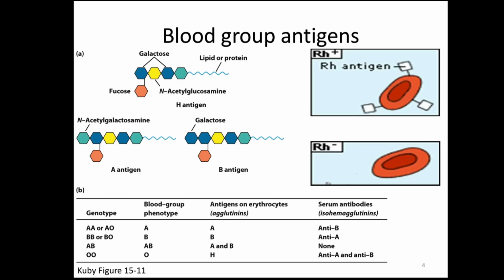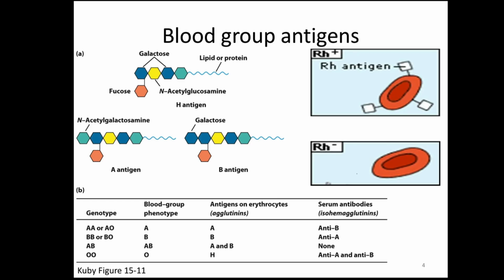In addition, when we look at red blood cells, they have a bunch of carbohydrates on them that are part of other proteins. Those carbohydrates have sort of a string of carbohydrates that are coming off a lipid or protein. So you can see this little blue wavy thing. That's the lipid or protein. And then you can see there's always an N-acetylglucosamine. There's always a galactose. There is always an N-acetylgalactosamine.